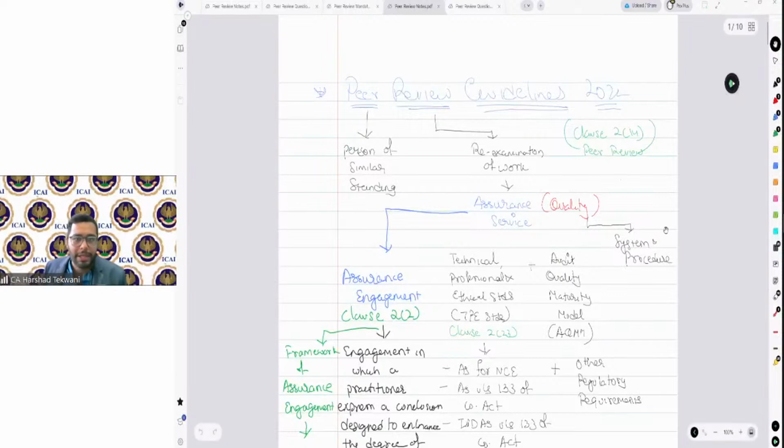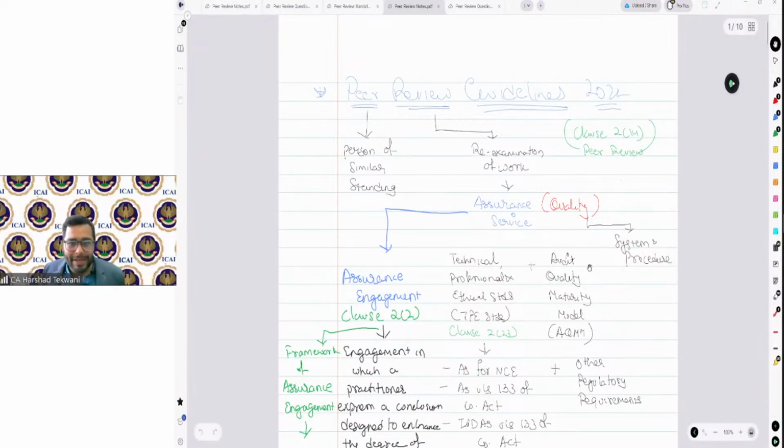Now coming to today's lecture, peer review guidelines. Earlier it was the peer review statement. This is something new, the peer review guidelines, which were issued in October 2022, and it is applicable. We discussed a lot of this in the last lecture.